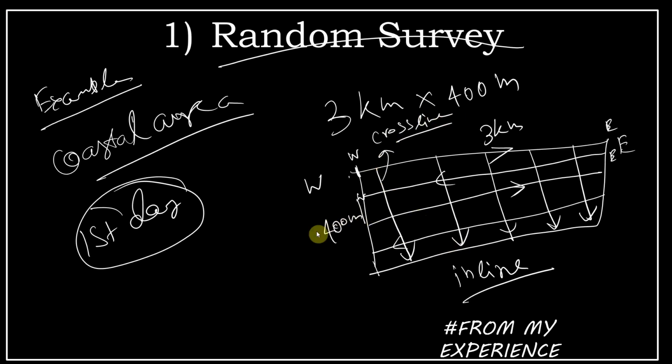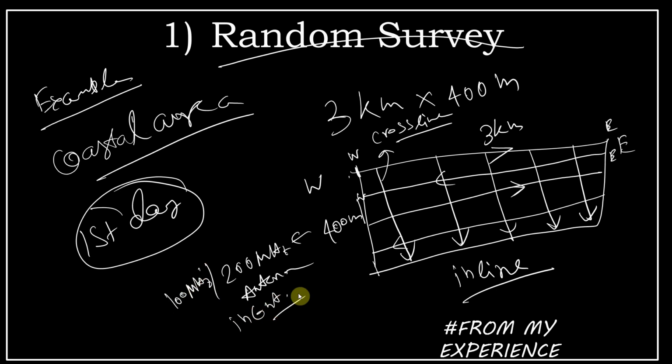In this case you might use a 200 megahertz antenna, or a 100 megahertz antenna if you have, in continuous mode. Only continuous mode will give you a faster survey result.